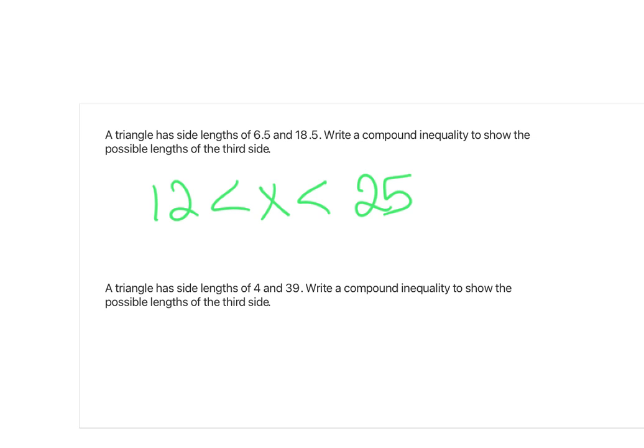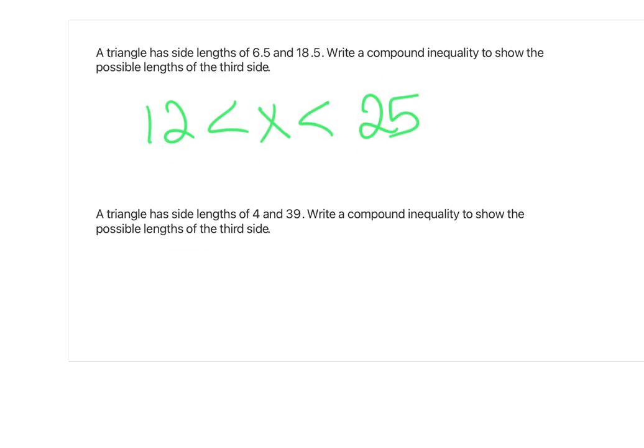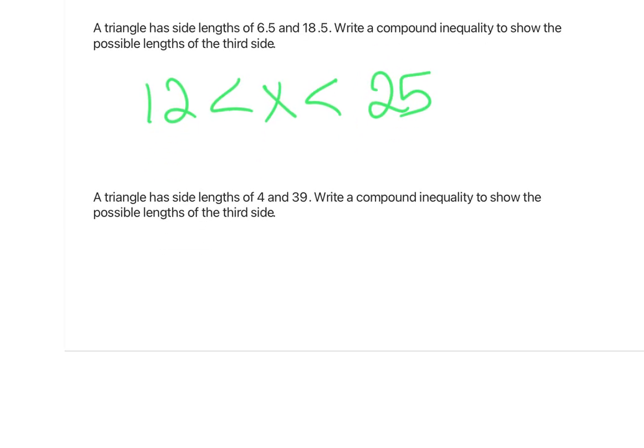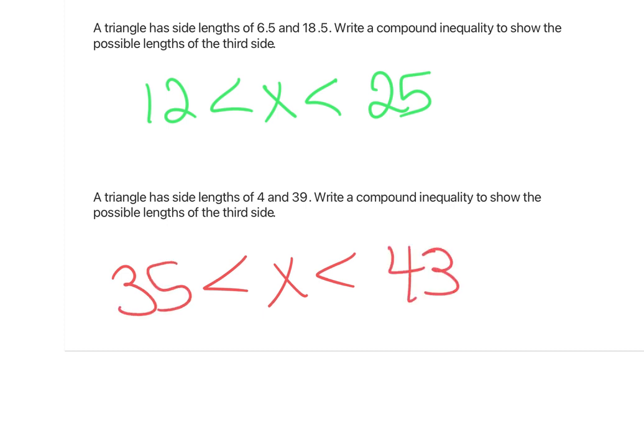Notice there is no or equal sign underneath either of those inequalities, so it can't equal 12 and it can't equal 25. It has to be greater than or less than those numbers. And again, my x is going to be between, pointing in the same direction, smaller number, 39 minus 4 is 35, 39 plus 4 is 43.